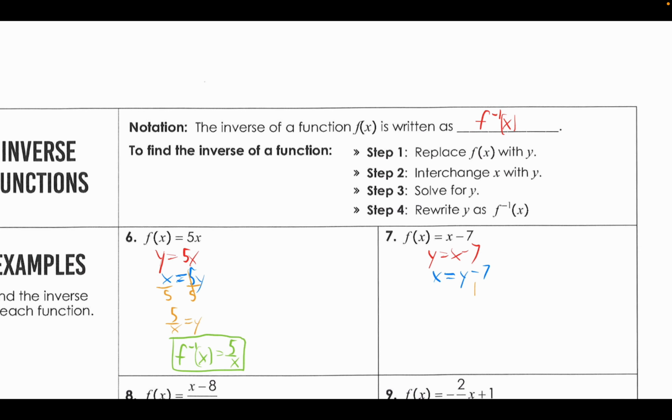Then I solve for y, step 3, where I add 7 to both sides, and I get x plus 7 equals y. And then I replace y with f inverse of x. And I just noticed I swapped my equation around again, just like writing the f inverse of x on the left, which is how we do function notation.